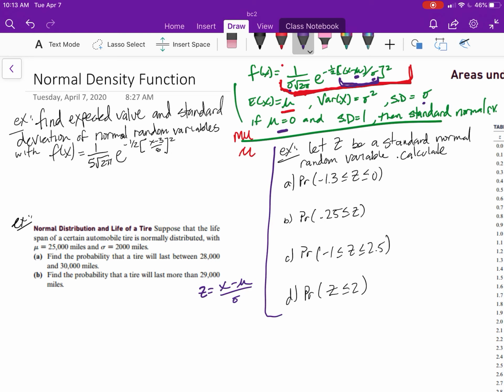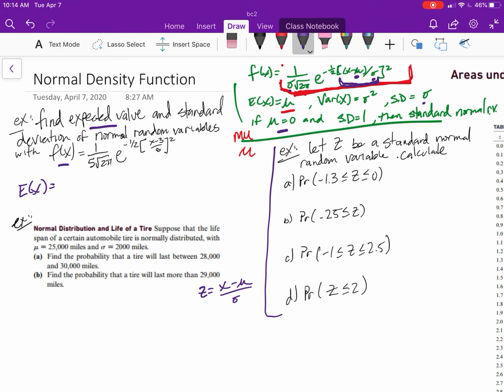Okay, but first, let's look at this hideous problem here, this f of x, 1 over 5 square root of 2 pi, e to the negative 1/2 times x minus 3 over 5 squared. It wants the expected value and the standard deviation. So our expected value is mu.